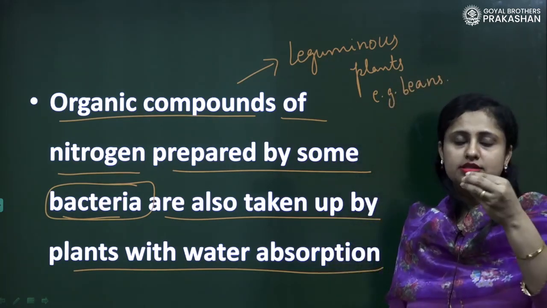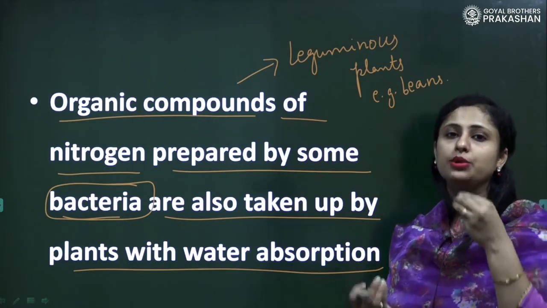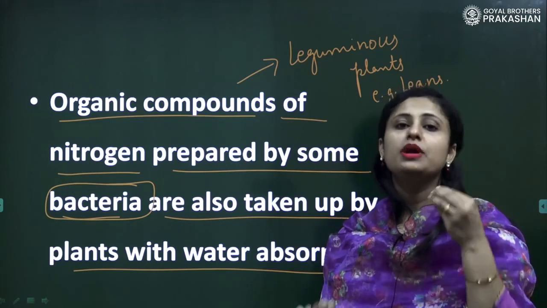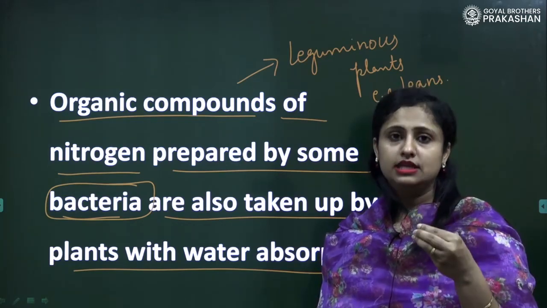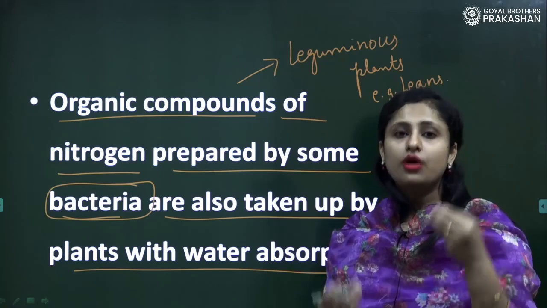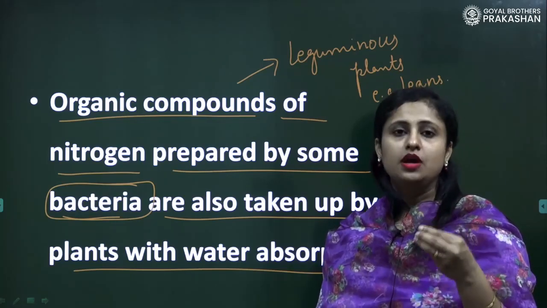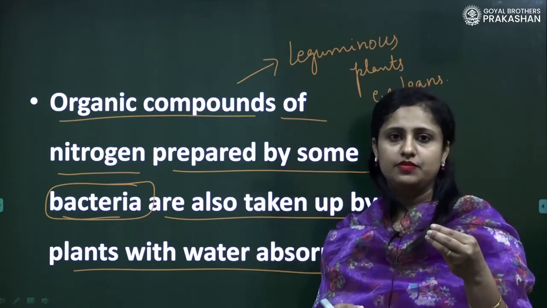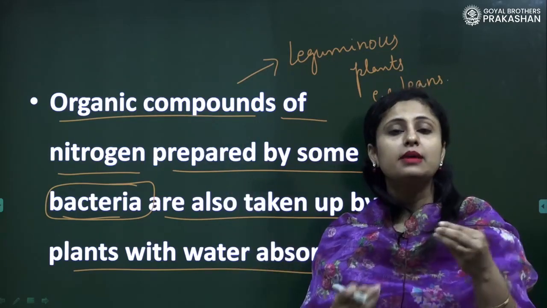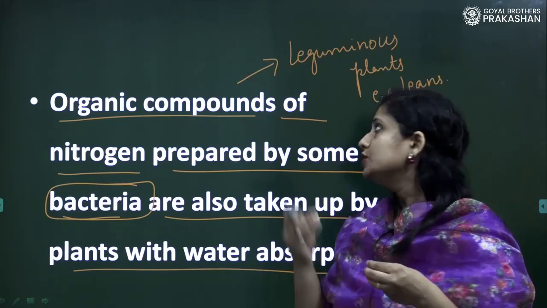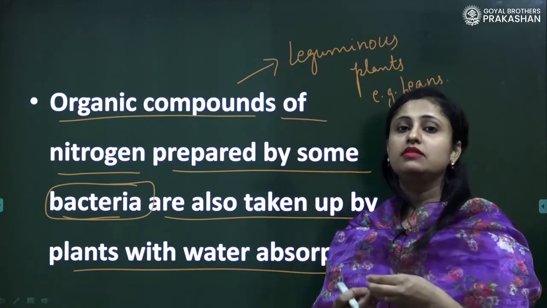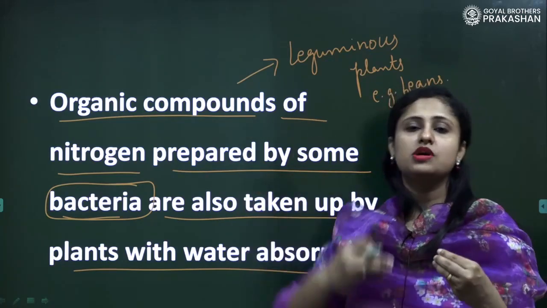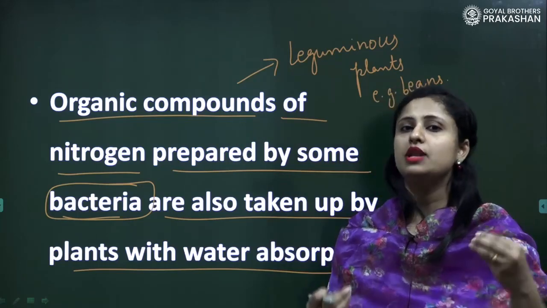In leguminous plants, their roots have some nodules in which bacteria are present, known as rhizobium bacteria. Those bacteria are present in the root nodules of the leguminous plants to fix the atmospheric nitrogen. Basically, these plants are unable to synthesize or to absorb the nitrogen in the readily available form. So bacteria help them to fix that atmospheric nitrogen in the readily available form for them.